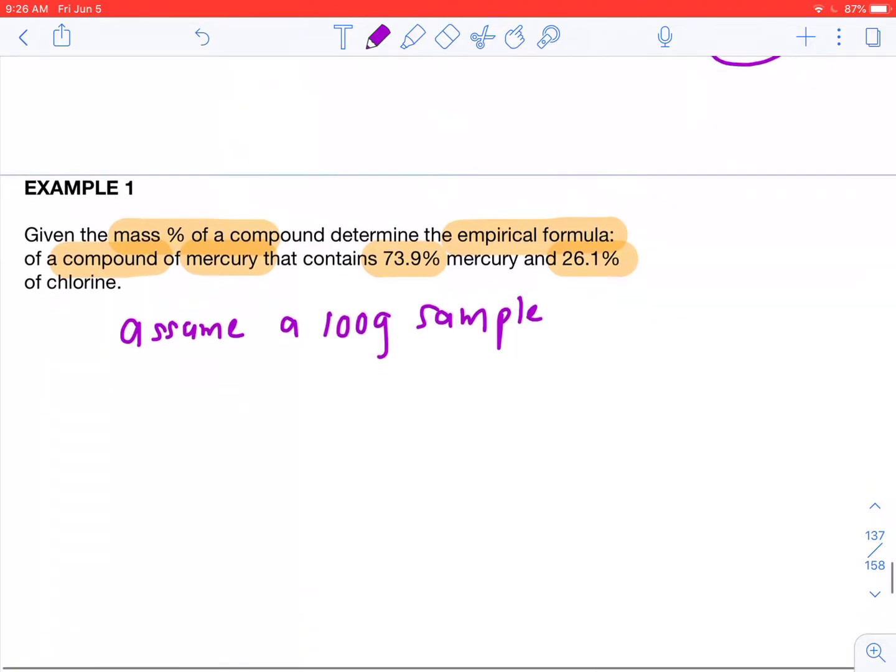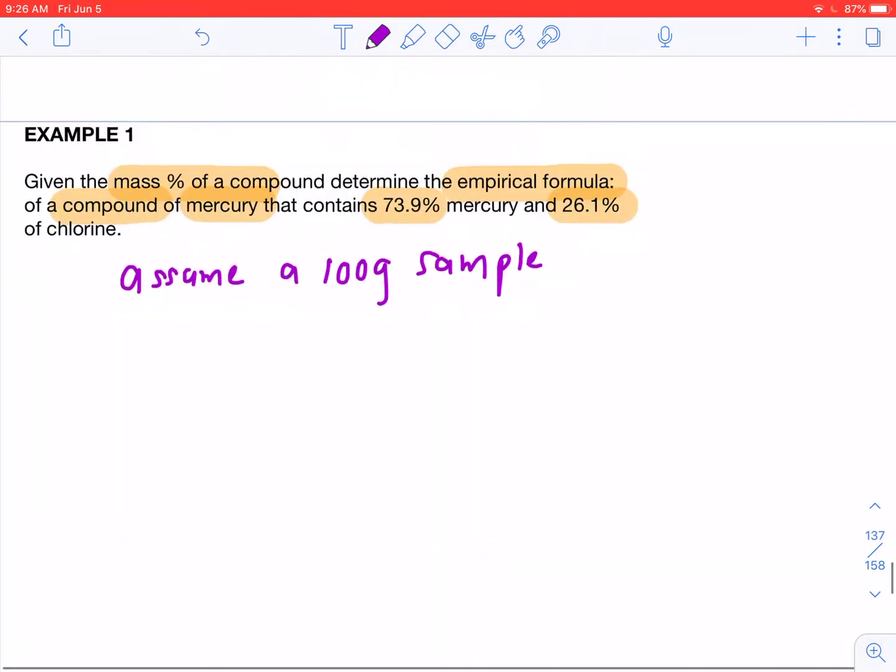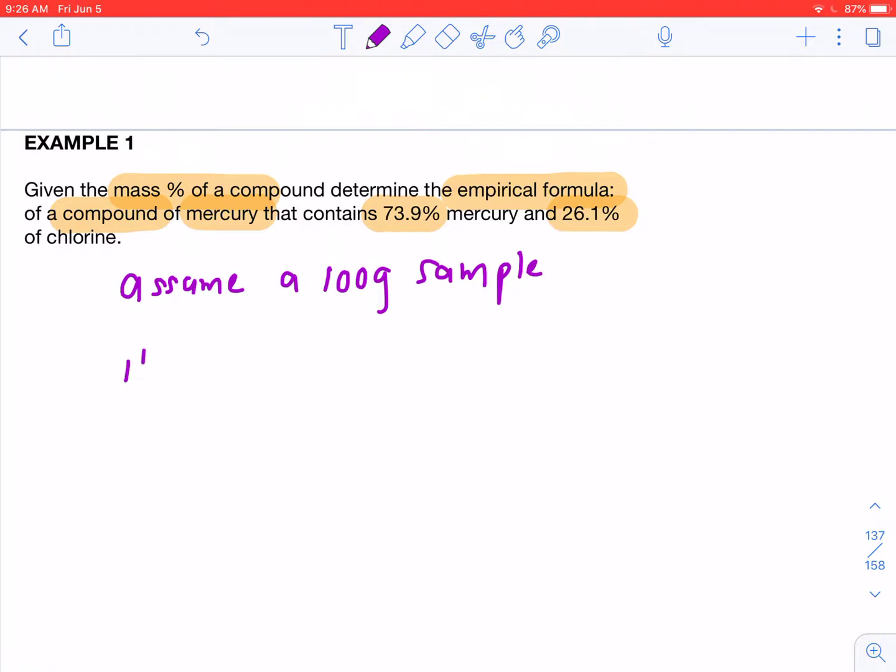So we say, okay, we have Hg, which is 73.9%, and we have chlorine, which is equal to 26.1%.